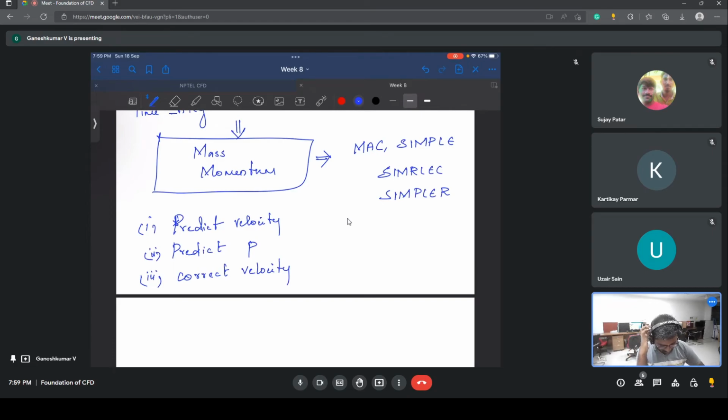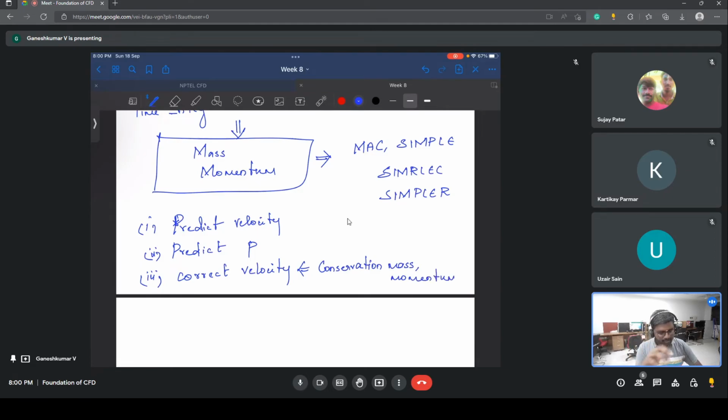If you go through the code, you will predict the velocity, predict the pressure, and then based on the predicted pressure and velocity, you will correct the velocity so that it satisfies conservation of mass, because you predicted from momentum only. So conservation of mass and momentum is our ultimate aim.